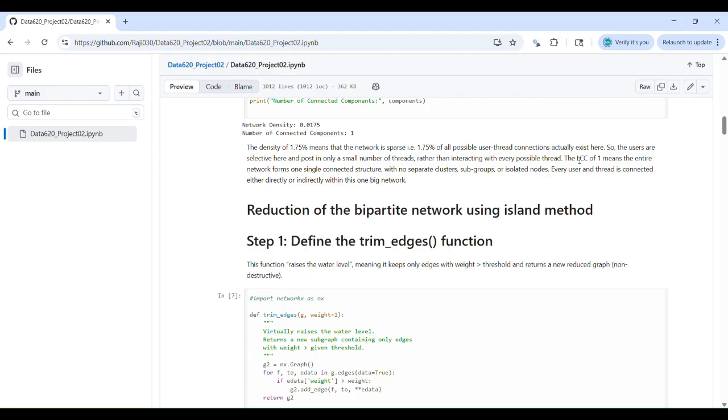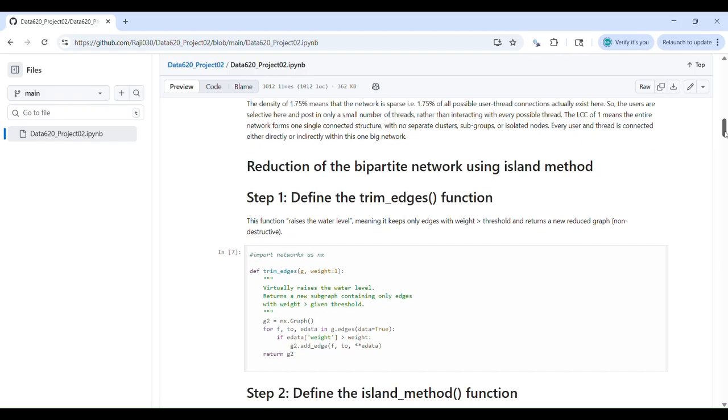So the users are selective and post in only a small number of threads rather than interacting with every possible thread. And the number of connected components being 1 means the entire network forms one single connected structure with no separate clusters, subgroups, or isolated nodes. So every user and thread is connected either directly or indirectly within this one big network.